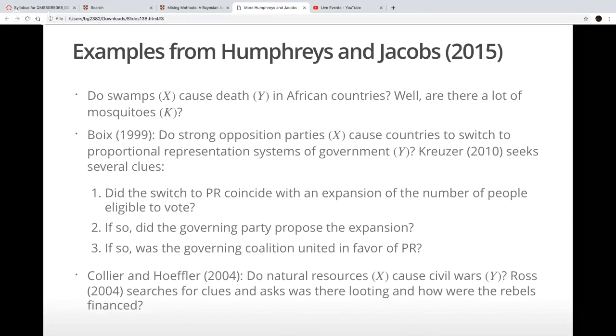We have a process tracing qualitative historical approach that, I don't know exactly how they determined whether the clues were satisfied.